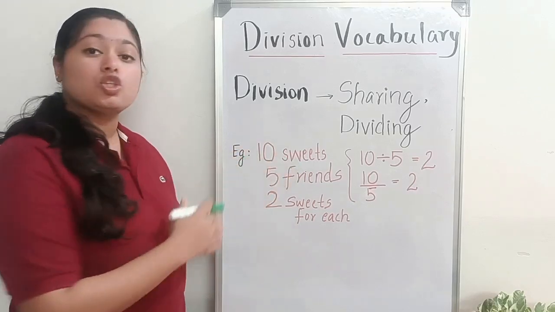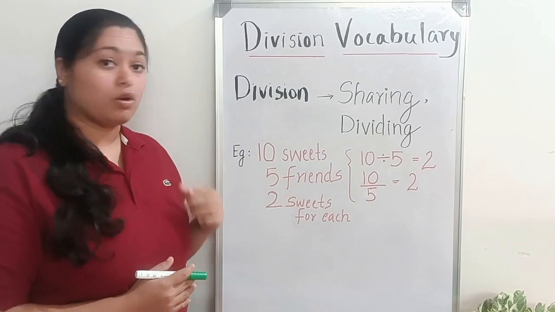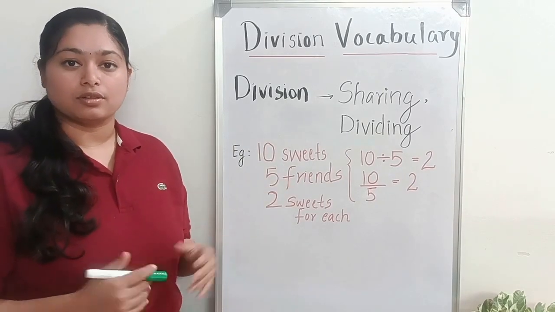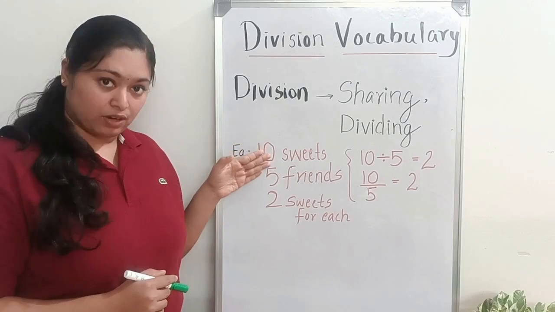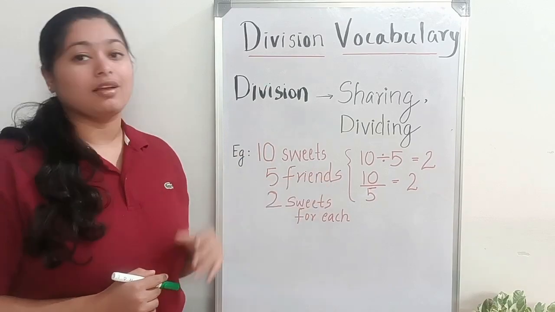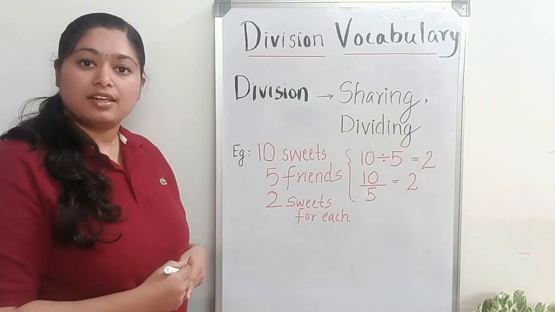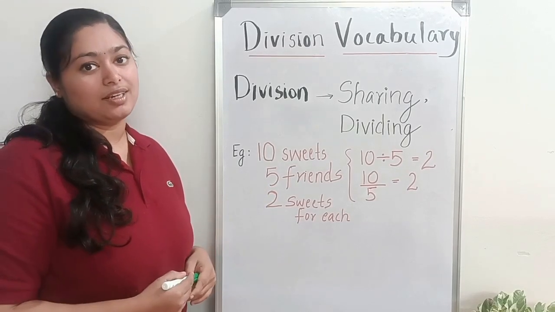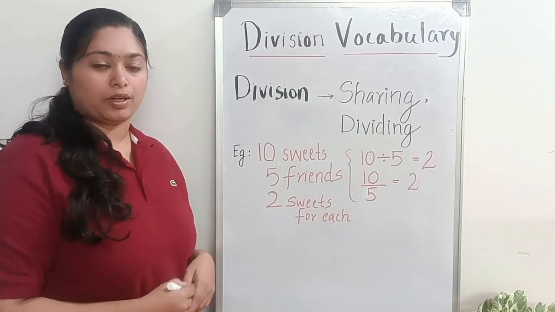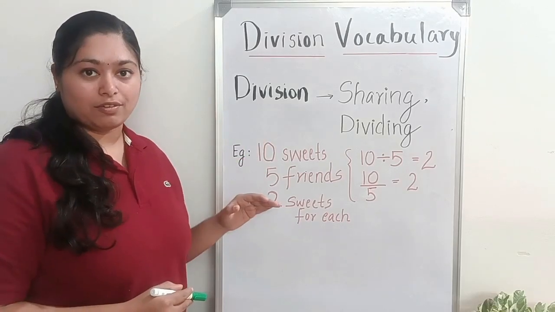Imagine you have 10 sweets and you have 5 friends around you. You want to divide or share the 10 sweets among these 5 friends. And this is exactly what division is. That is dividing or sharing or grouping. How to divide 10 among your 5 friends?